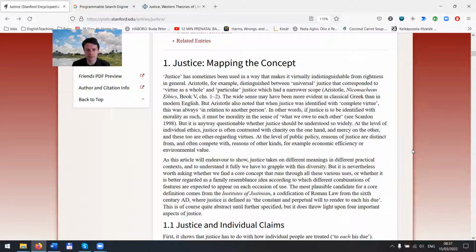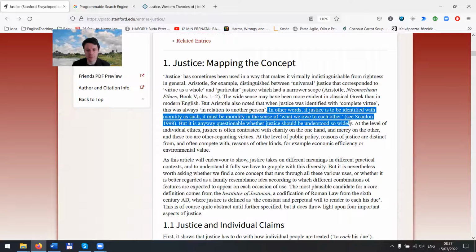but it's a little bit more particular. Rightness is going to be what is the right thing to do in general. There's a sense of just, right? We say the just person does the right thing always. But this is a bit different.